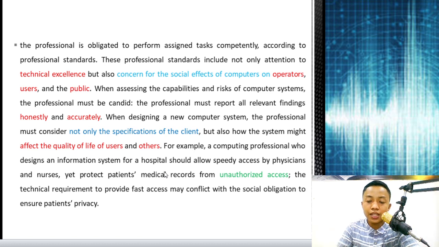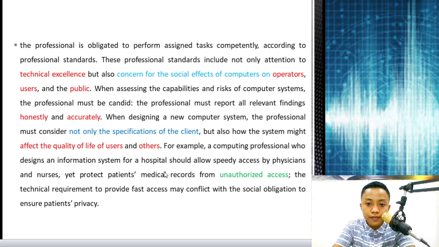Pag hindi talaga nakakatulong, kahit ang ating client ay may gusto siya, but it is not useful, we should not create it. We should advise him or her na hindi yan nakakabuti because we are professional here. We should always consider sa mga user niyan, hindi lang po para sa atin lang. We should always consider sa mga user kung ito ba ay nakakabuti sa kanila.